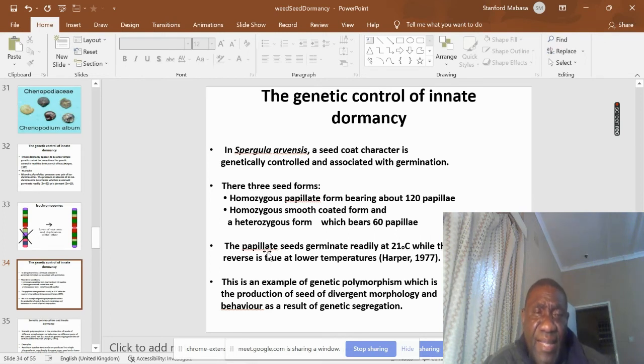So there are three seed forms. Homozygous papillate. A papillate means the seed has got some sort of bristles or hairs. And these structures, which are called the papillae, are 120 in a homozygous condition.